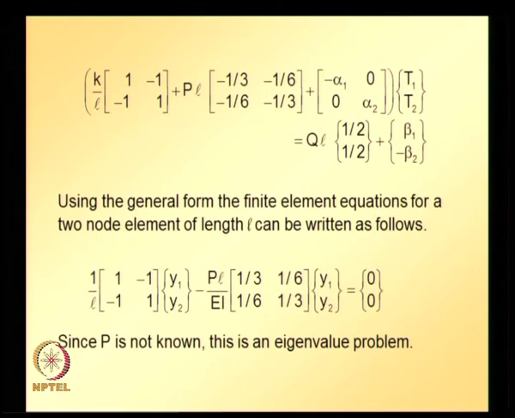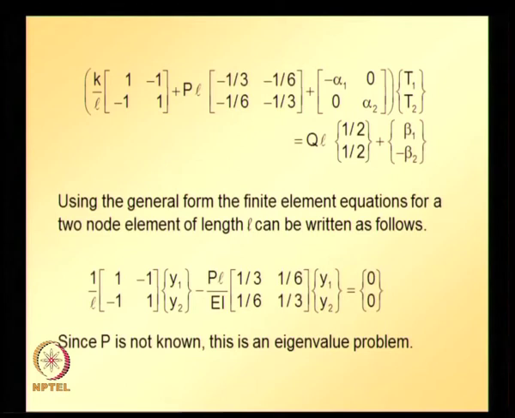So this equation gives us an idea about element equations for a 2 node finite element for the buckling problem. Now the given simply supported column of length L we can discretize using some number of finite elements, and then we can use these element equations, get the global equations and solve the problem.